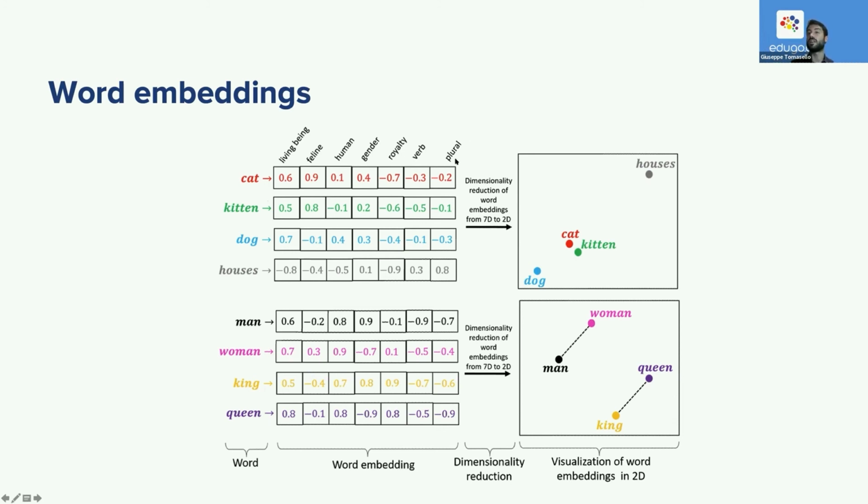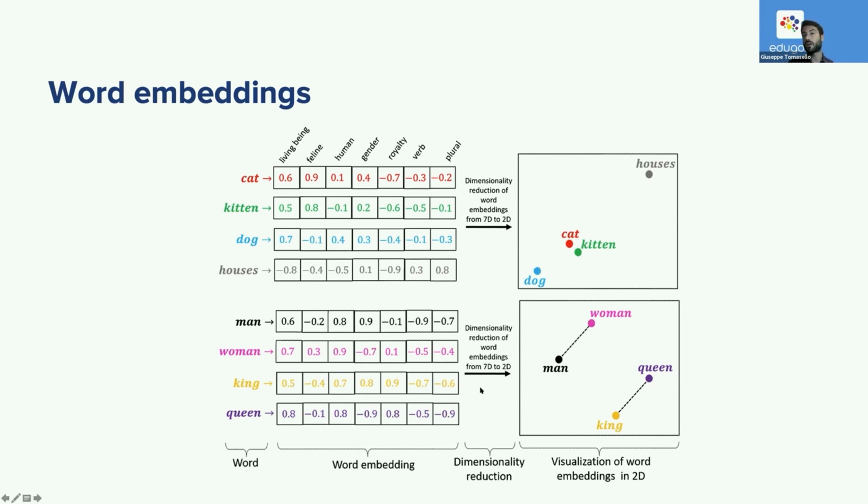And this is really cool, because you can use this knowledge taken from Wikipedia and apply it to create other kinds of NLP tasks. For example, here we are doing a dimensionality reduction. Here on the right, you can see this graph. You can see the cat and kitten are really close to each other, which means the meaning of these words is really close. Houses is far away.